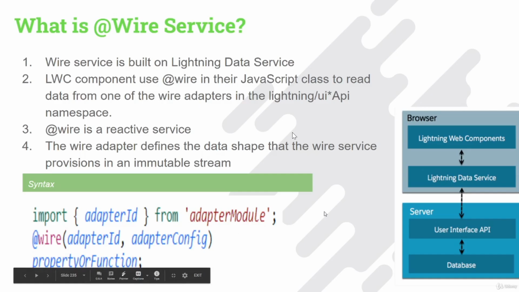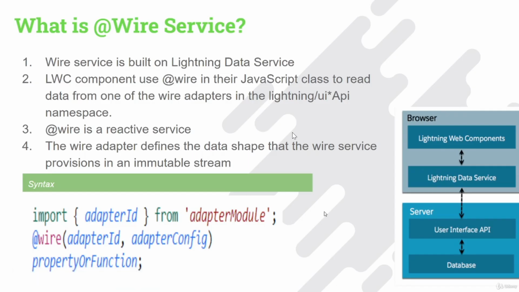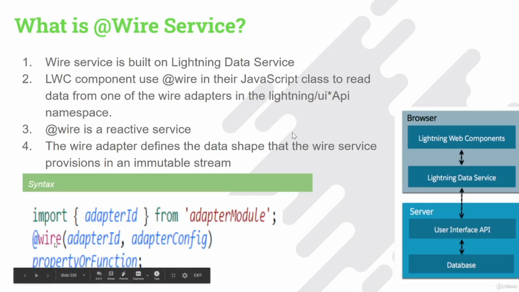The syntax is very simple. First you import wire, then you import the adapter, then you write @wire, then the adapter name, and then pass the configuration. Once the service brings the data, we use a property or a function to listen to it.